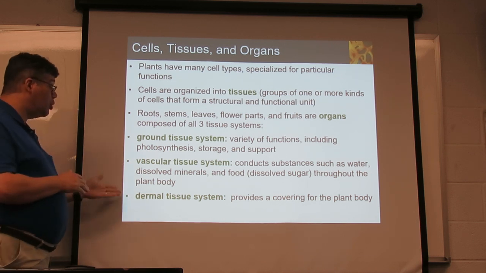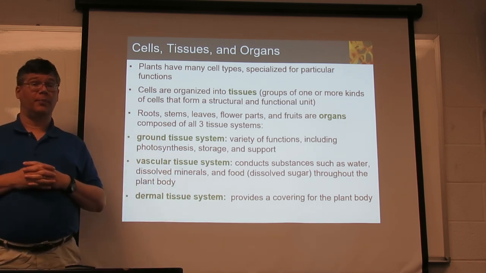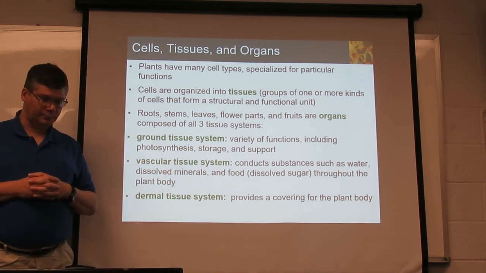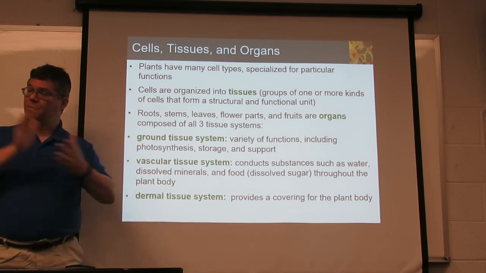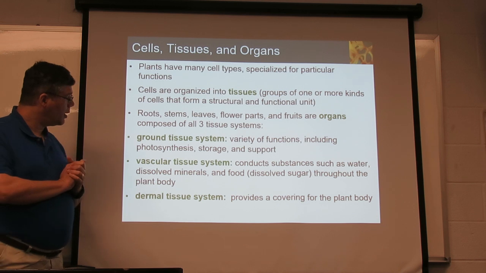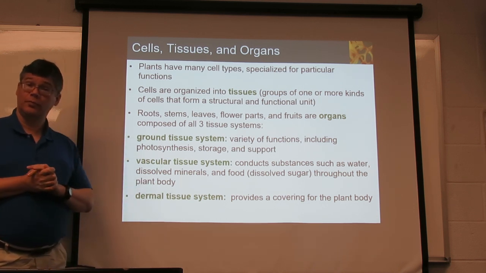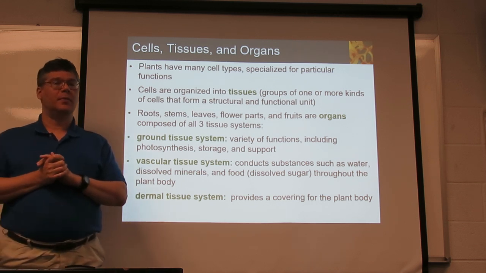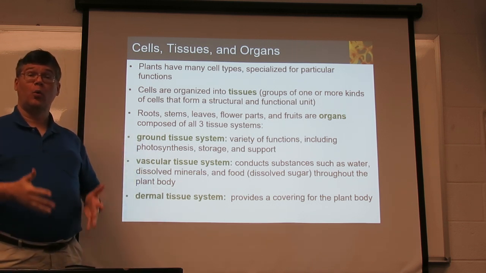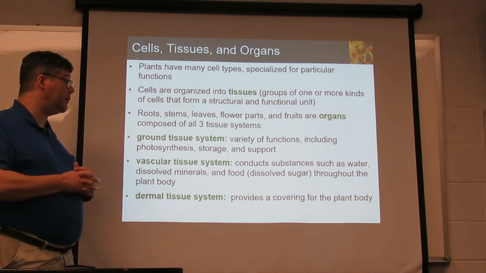So the dermal tissue system is the outside cover of the plant. Of course, we have a similar system ourselves, our skin. The vascular tissue system, of course, in vascular plants, is the water conducting tissues of the plant.